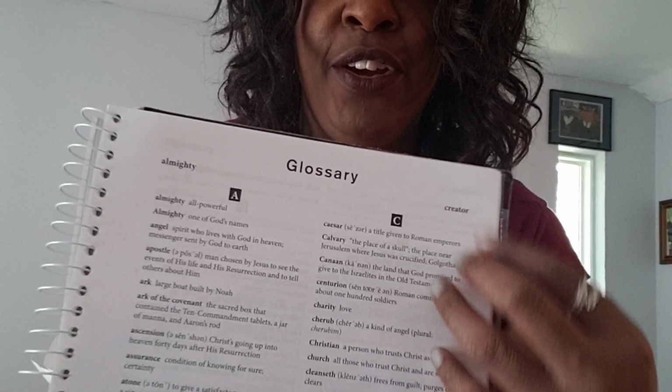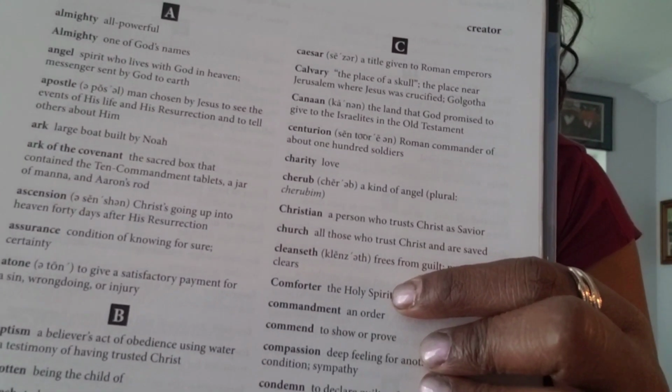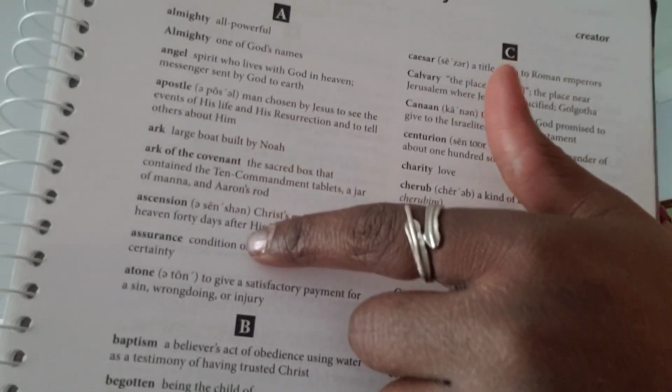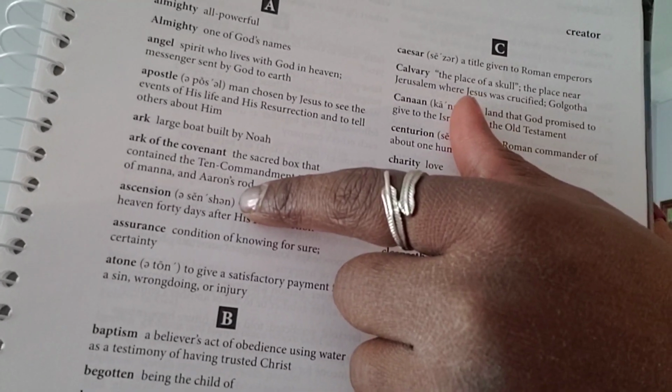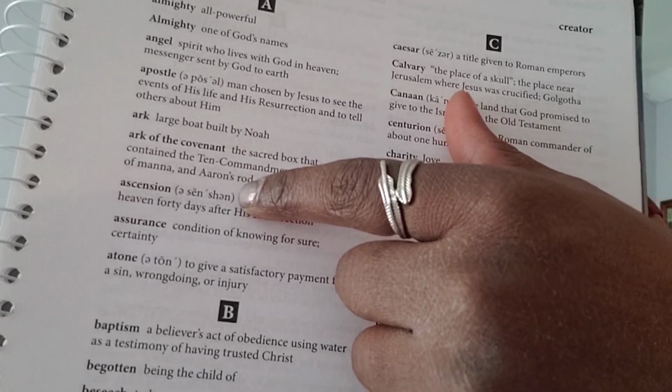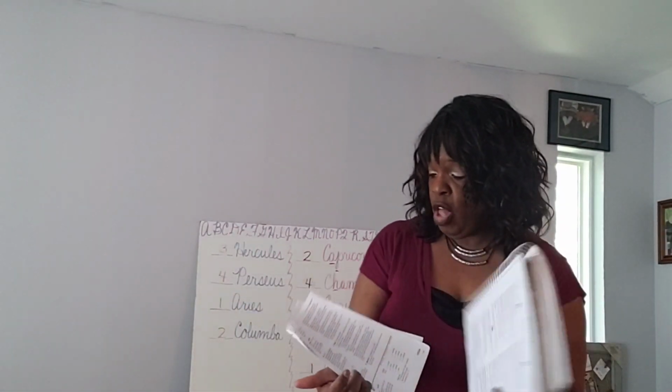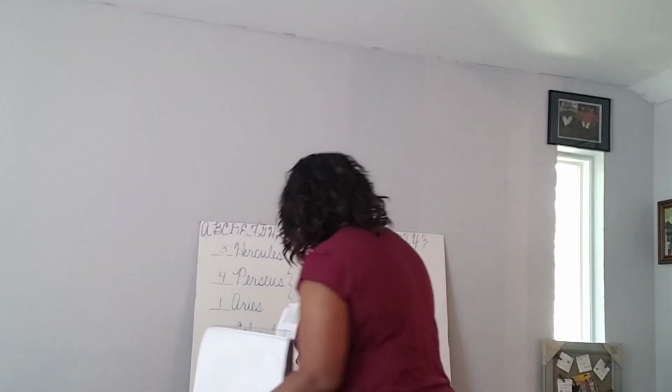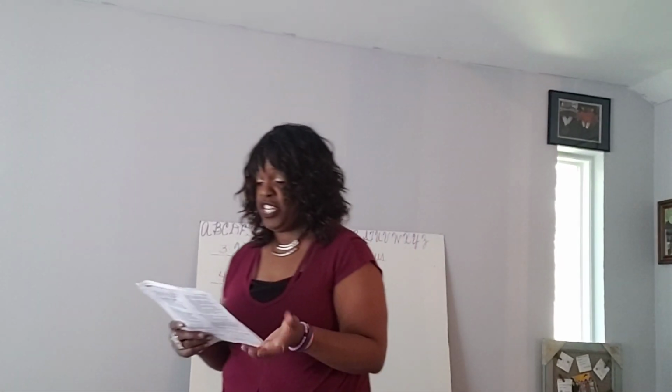So when you look at those, you'll know, oh, I'm going to find anything from A to CR on this page. Also, with some of these words, they give you the pronunciation, just like in a dictionary. So in some of these glossaries, you have the opportunity to look things up just as you would using a dictionary.